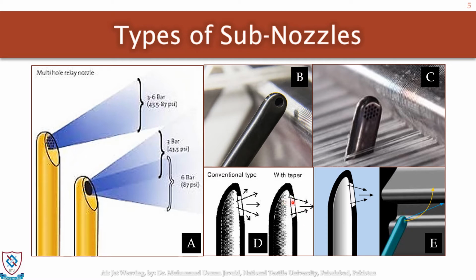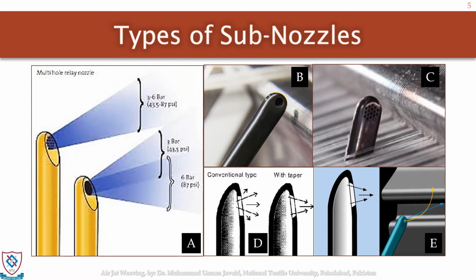They are focusing on converging the air on one point, to prevent this distribution. Toda is one example that is using this type of air sub-nozzles, relay nozzles, and they are claiming that their nozzles can work on low pressure, and they can direct the weft to keep it in the channel. So this is a short review of single hole and multi-hole nozzles available in the market.